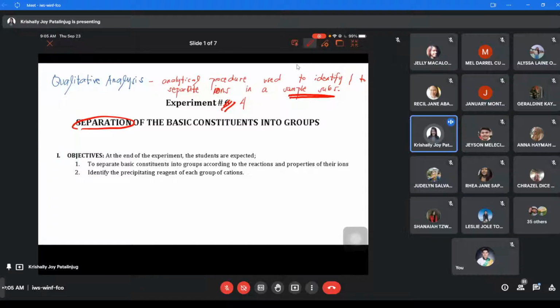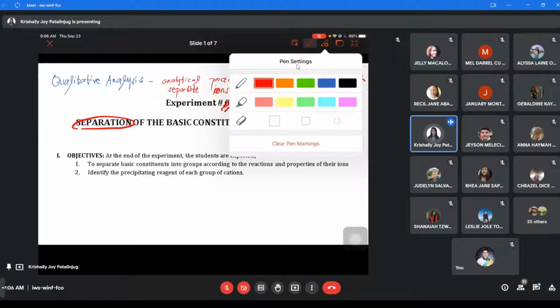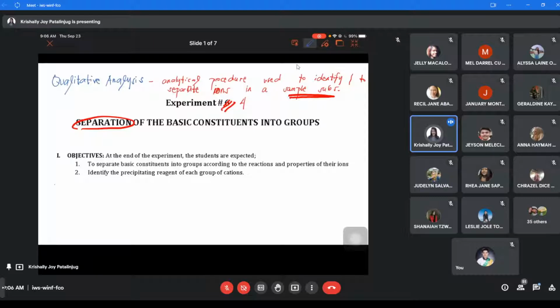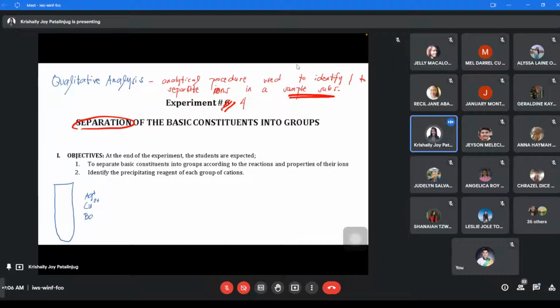When we say ions, there are only two kinds, right? Cations and anions. Specifically for this experiment, the following ions will be included: the silver ion, the cupric ion, the barium ion, the sodium ion, and also the zinc ion.